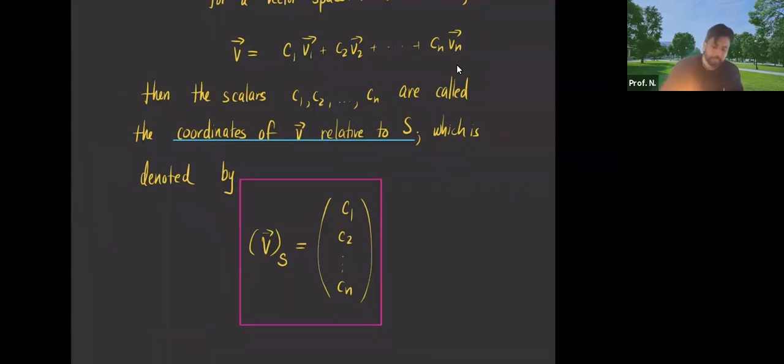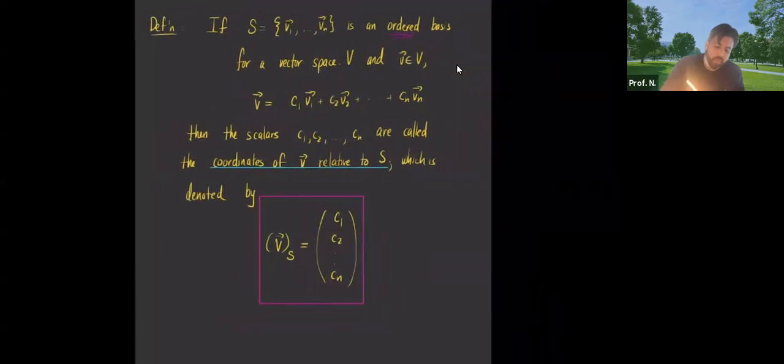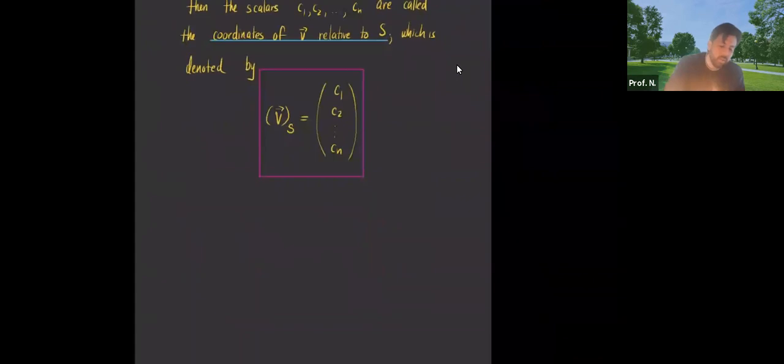Okay, guys? So the coordinates of v relative to S are the scalars c1 all the way to cn. So we start with something very, very straightforward.